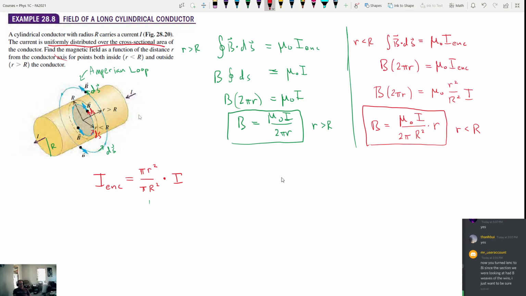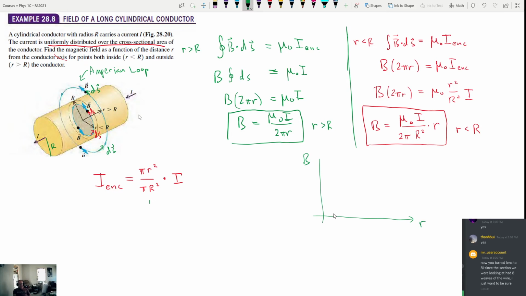So we could even plot what this looks like here. If we plot the magnetic field as a function of the radius. Sorry, this should be magnetic field up here on the y-axis, and this should be the radius here, the distance away.